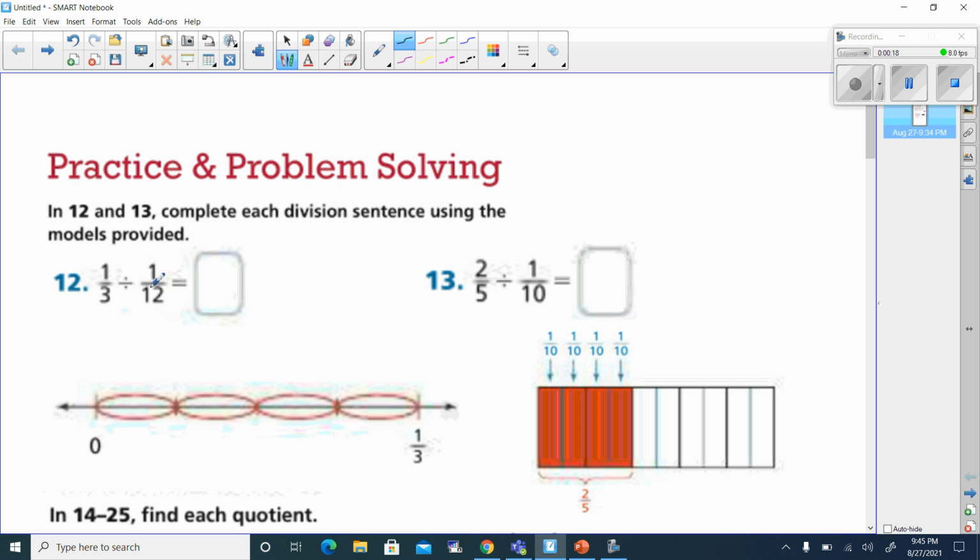We've got 1/3 divided by 1/12. We remember that we have to use keep, change, flip whenever we go ahead and divide fractions.